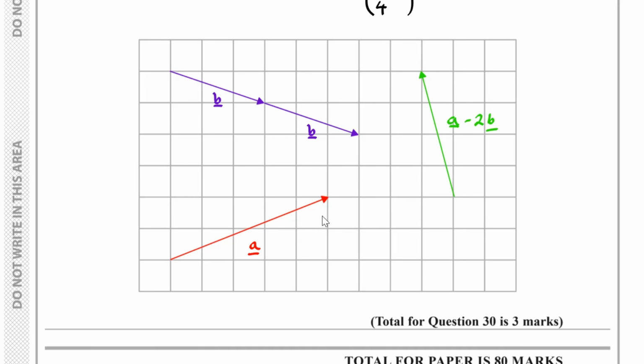So minus 2B, so we go minus 3, minus 1, minus another 3, minus another 1. That takes us over here, which you can see is the same as this vector over here. Okay, so what I've just shown here is a vector minus 2B. And that makes sense. So we've got a minus 2B, which gets us this vector.